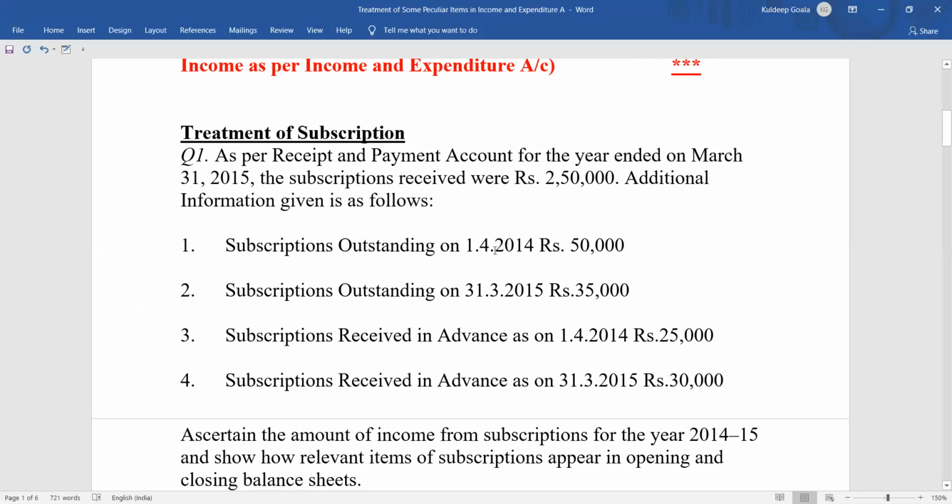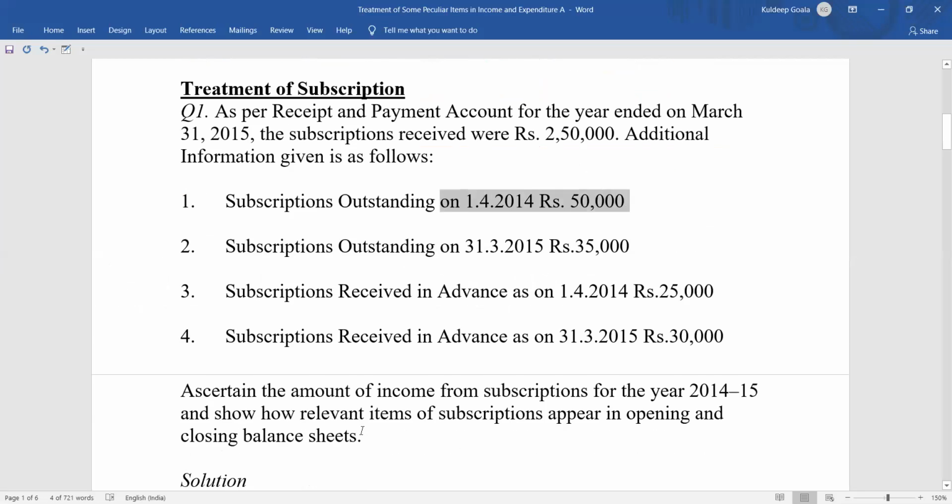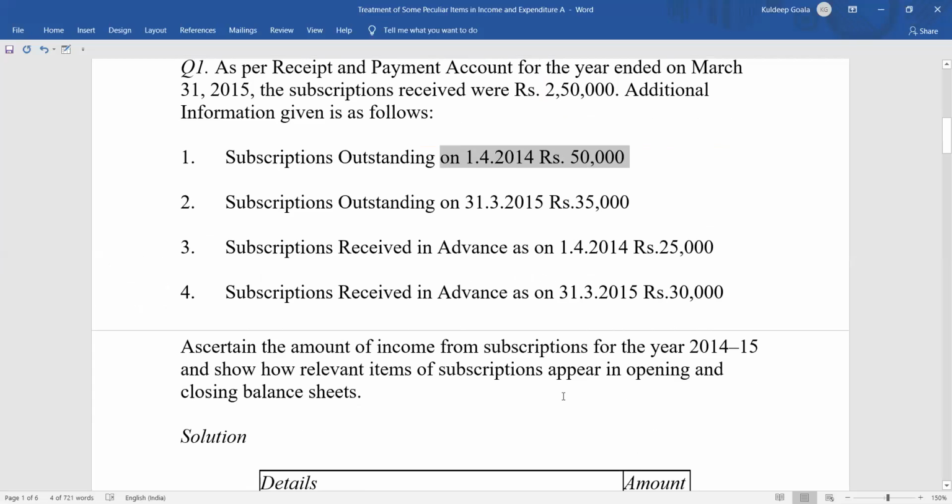Subscription outstanding on 1/4/2014. You can see our current year ends on 31st March 2015, right? So here it is told subscription outstanding at the beginning, because 1/4/2014 is the beginning. So the beginning of the year was 50,000. And let's see whether it is told how much money we have received from that. Let's see. No, there is no information.